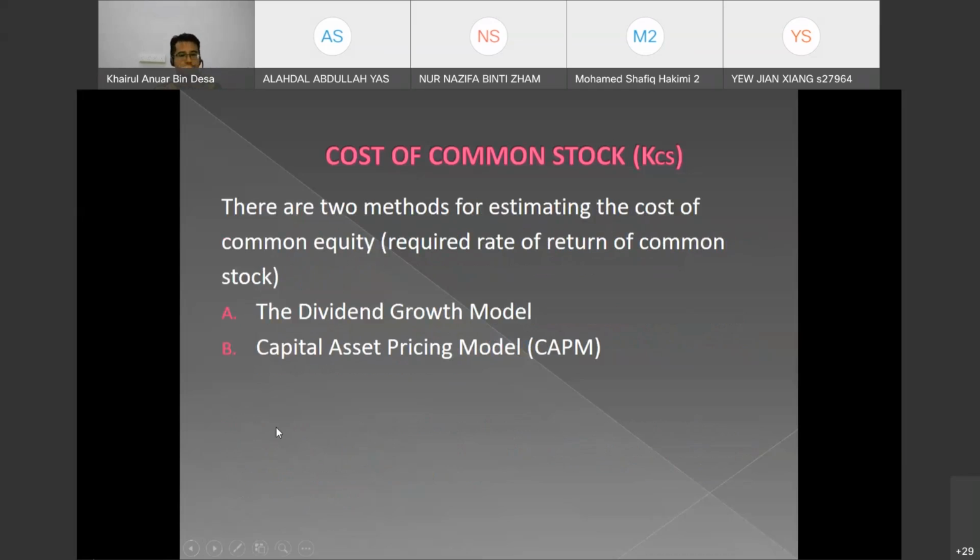There are two methods to estimate the cost of common equity. Number one is the dividend growth model. In the last topic we discussed how to calculate the dividend growth model. Number two is the capital asset pricing model, or CAPM.